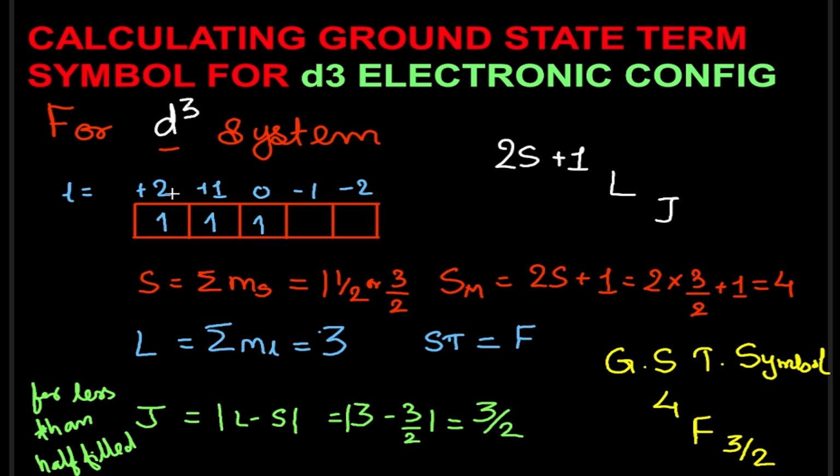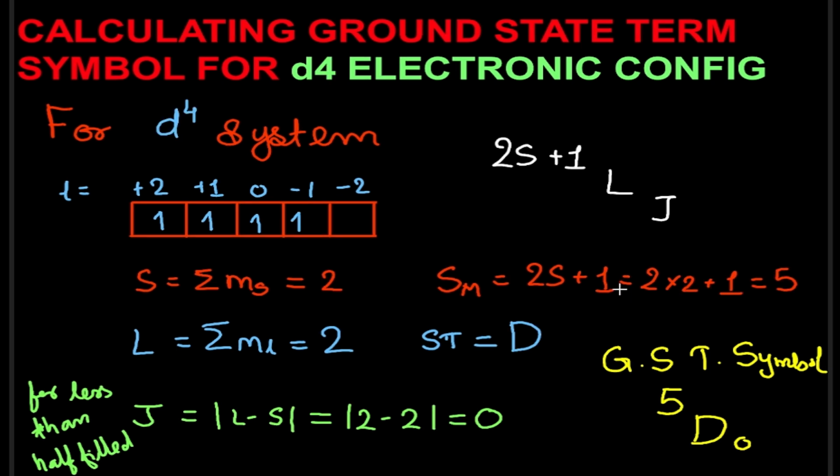The value of capital L is 2 plus 1 plus 0, which comes out to 3, and the spectroscopic term will be F. Similarly, the J value, L minus S, is 3 minus 3 by 2, which becomes 6 minus 3, that is 3 by 2. So the ground state term symbol will be quartet F 3 by 2.